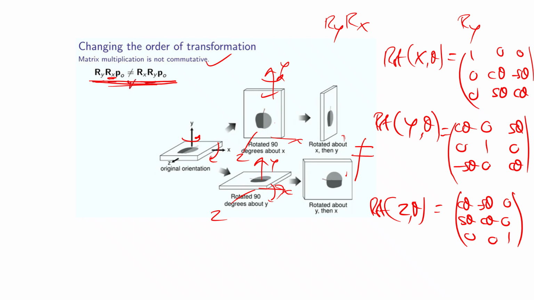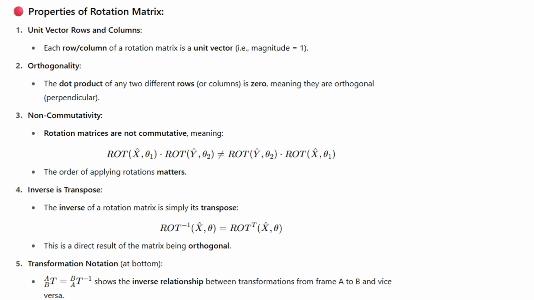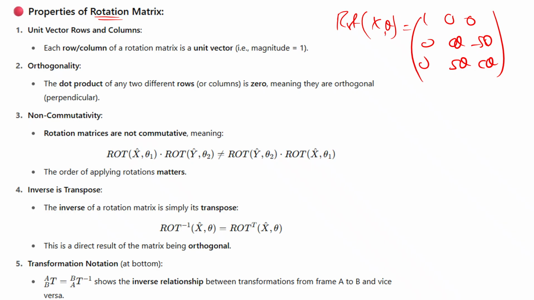Now we'll see the properties of the rotation matrix. For example, the rotation of the current frame with respect to the x-axis by an angle theta is 1, 0, 0; 0, cos theta, minus sin theta; 0, sin theta, cos theta. The first property: each row or column of a rotation matrix is a unit vector.